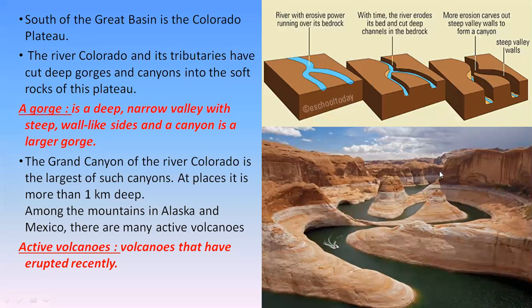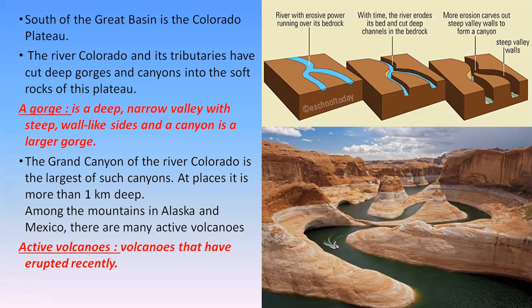In this picture, it is clearly a part of the Grand Canyon in North America. Before, the river was flowing over the surface, and gradually the soil and soft rocks were worn away by the water flow.